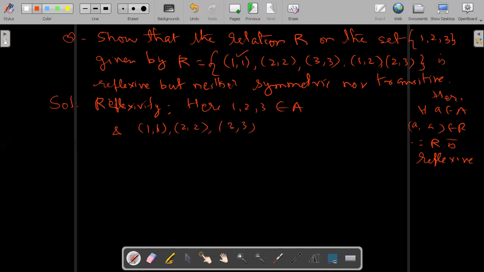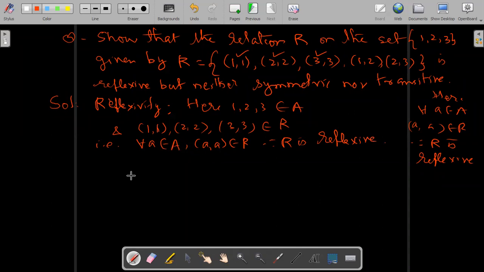So all belong to R. Now we can say that for all a belongs to A, (a, a) belongs to the relation R, therefore R is reflexive. So generally when it is reflexive, we can take the example, or if it is not reflexive, then we have to compulsorily take one example which will show it is not reflexive. Like we are going to do for the symmetric relation.